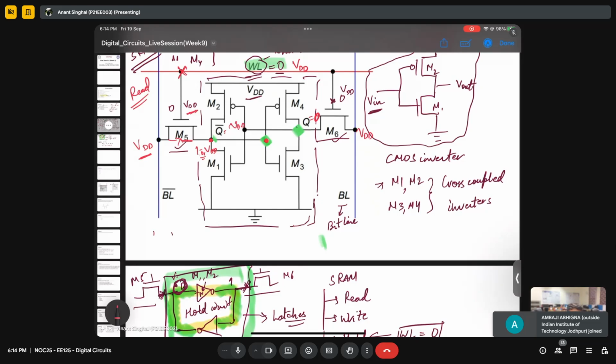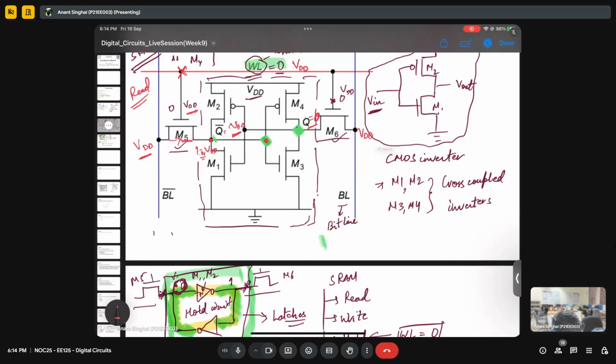When Q bar is one, the Q will be zero now, sir. Yes, yes, it will be 0, correct. But M6 is turned on and VDD from the bit line will come now, sir. Okay, so you tried.